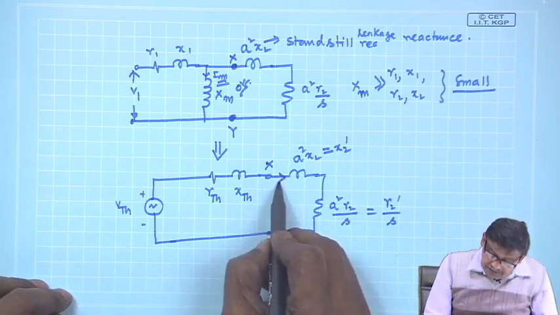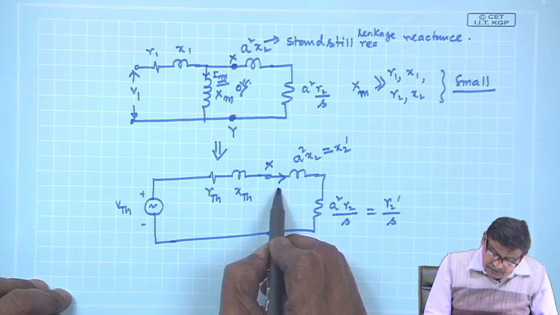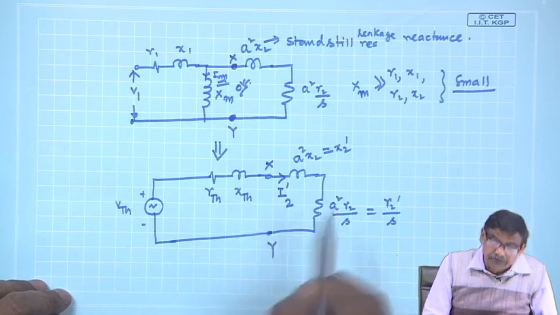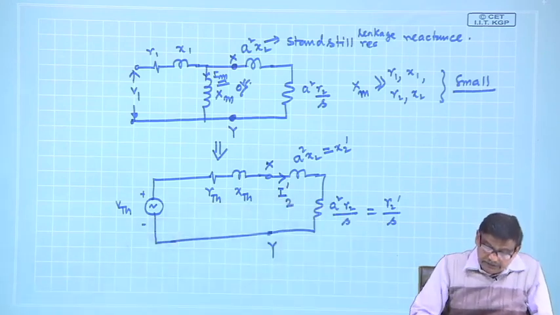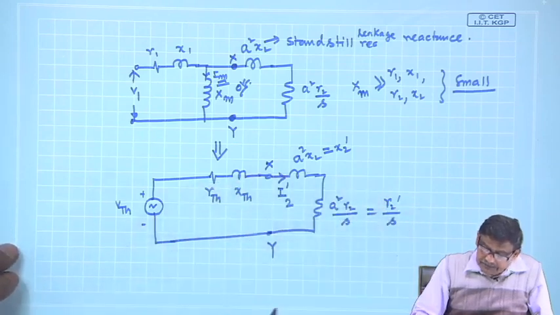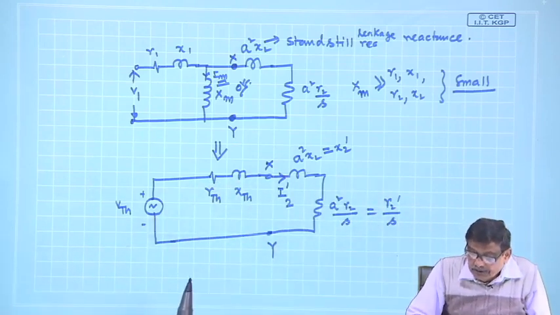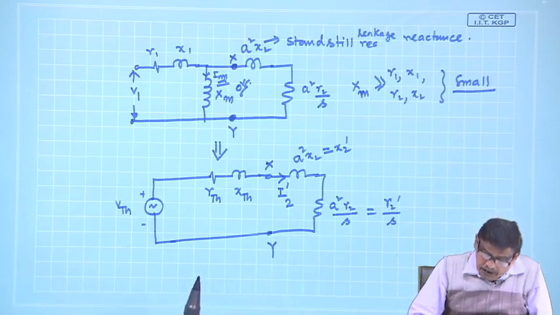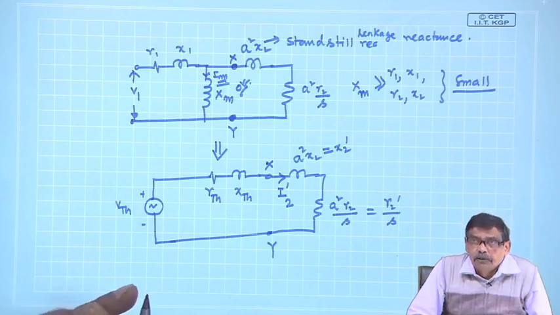And this current is actually your rotor reflected current I2 dashed. Once I get this, and I assume that the motor is running at any slip S, I would like to find out what is the torque developed in the machine.